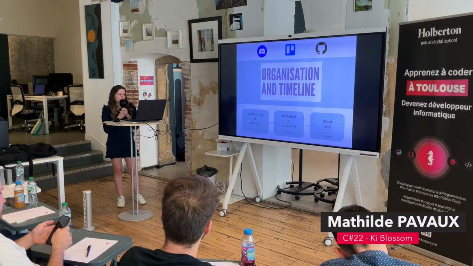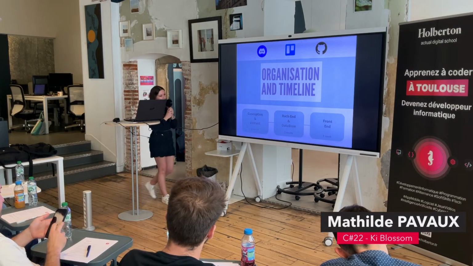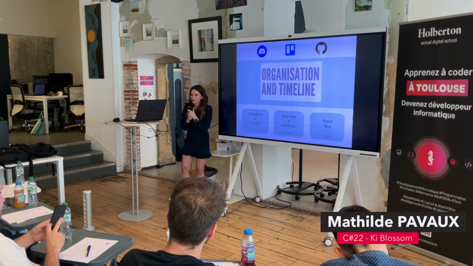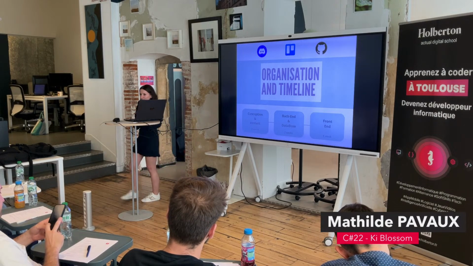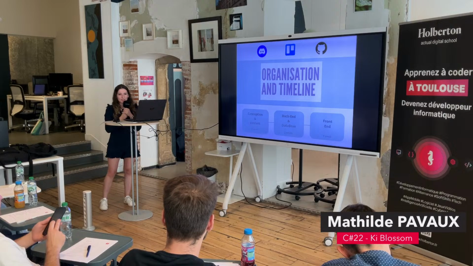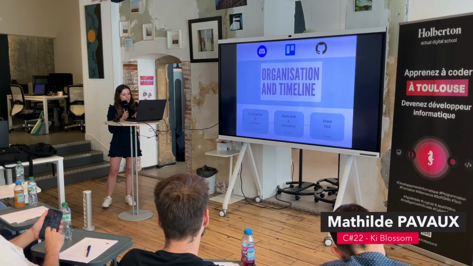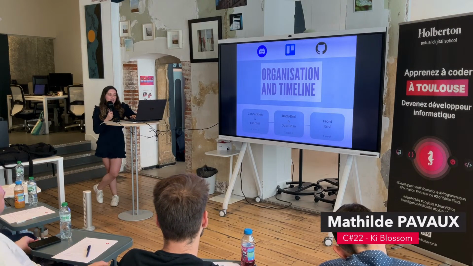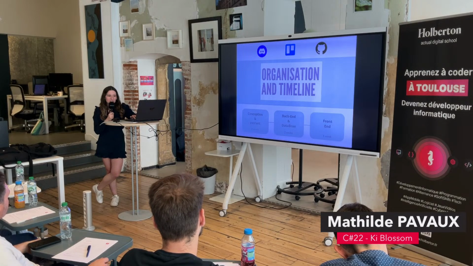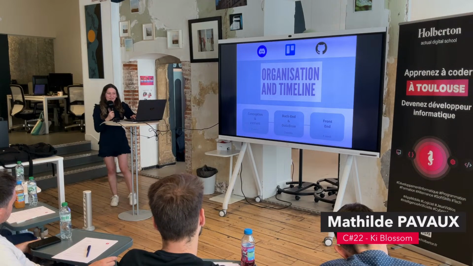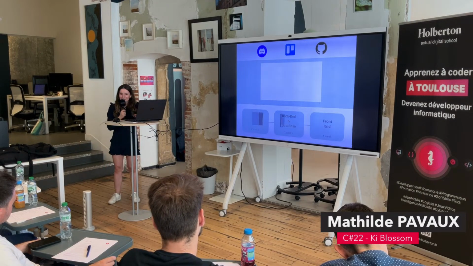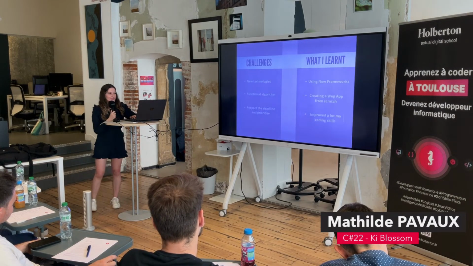The first 2 weeks were conception and content. I started maybe a little bit earlier than others because the content was a lot of work, just finding all the questions and all the recommendations that are linked to them. Then I worked on the backend and the database for 2 weeks, and I finished with the front end. That is not really what I intended at the beginning, but that's how it is.